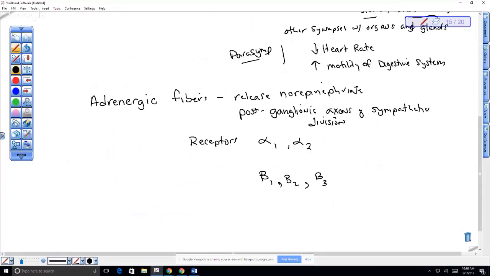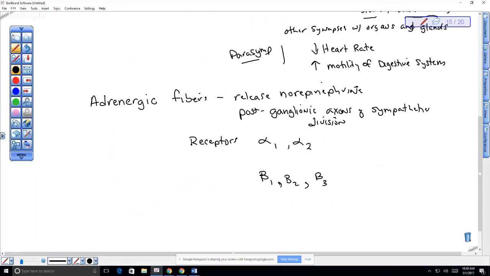Remember, when you think about norepinephrine, you think, oh, that's got to be excitatory, but it's not always excitatory in the synapse when it binds to these receptors. It depends upon the receptor whether it is excitatory or inhibitory.